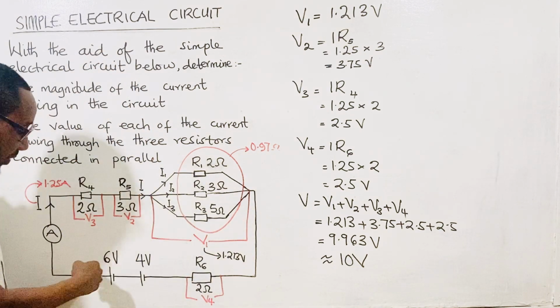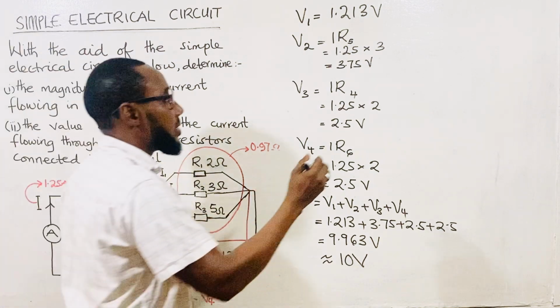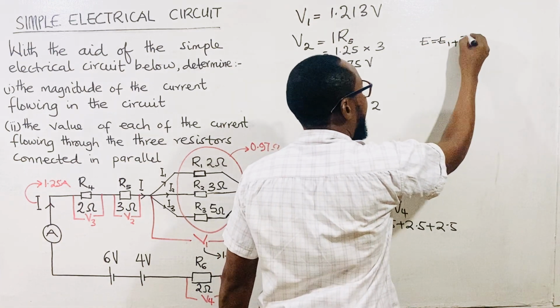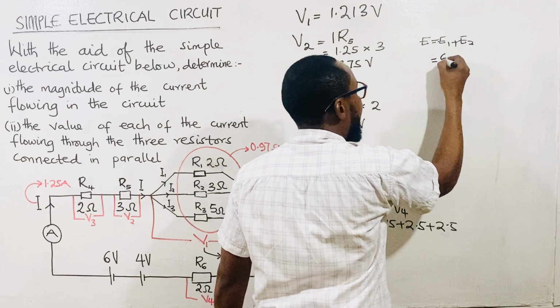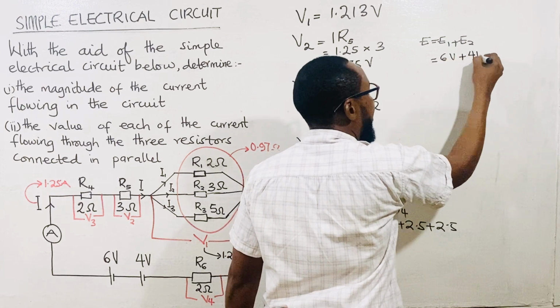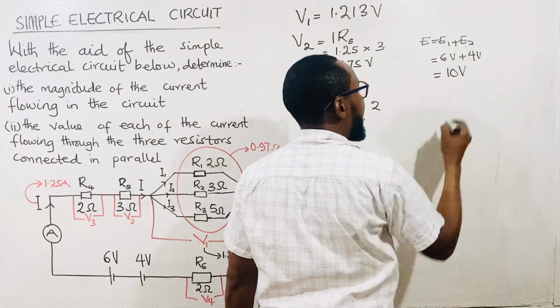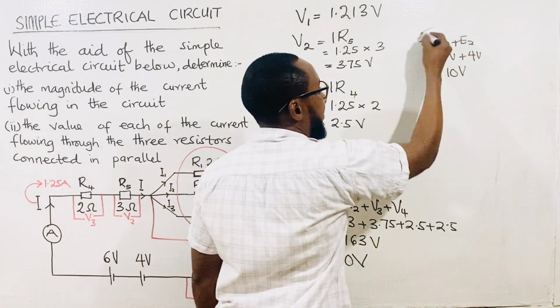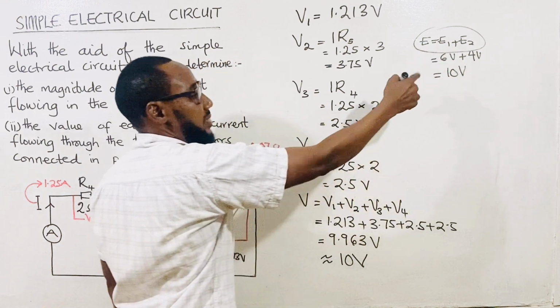Now I have two batteries. All right, so let me say I have E equals E1 plus E2, which is 6 volts plus 4 volts, and that gives me 10 volts. So you see that the sum of the EMFs is 10 volts.